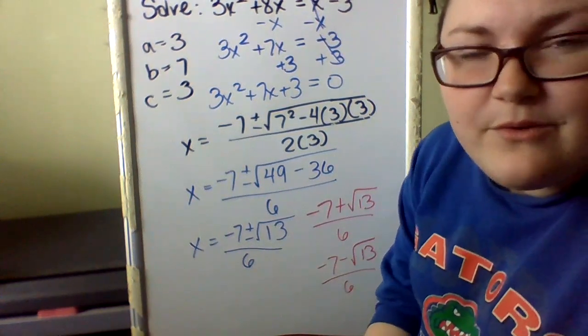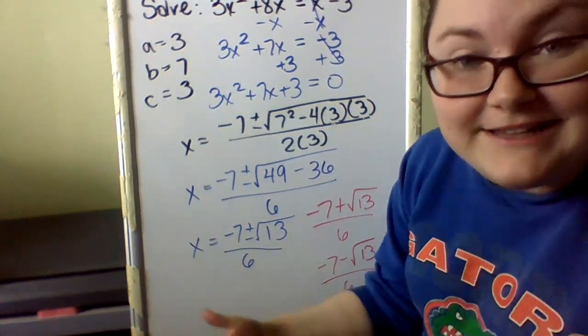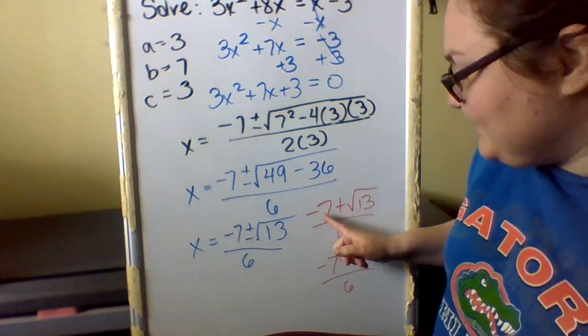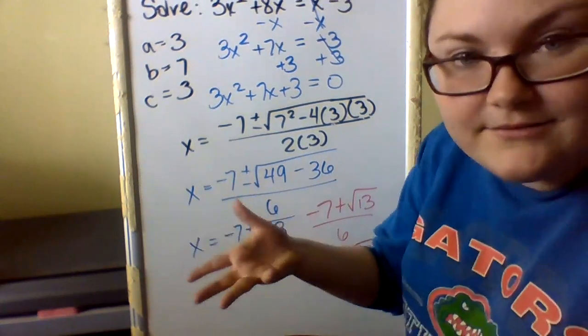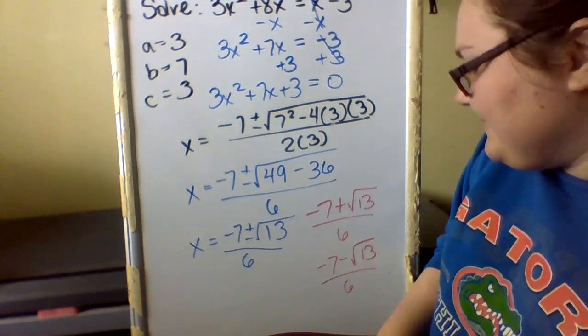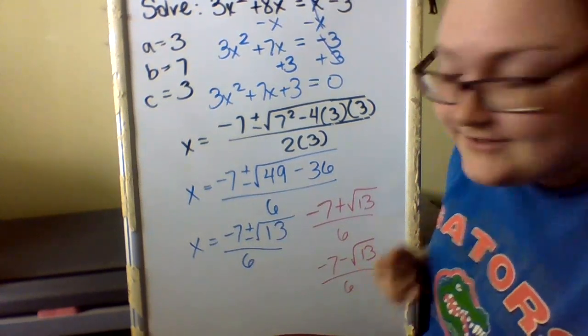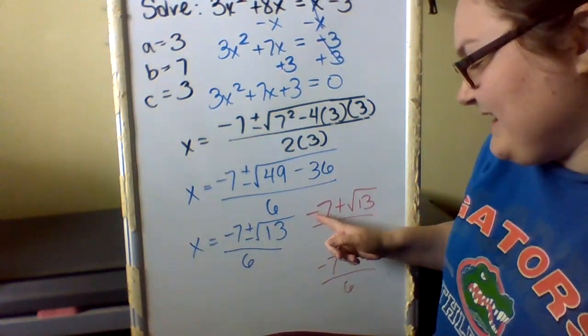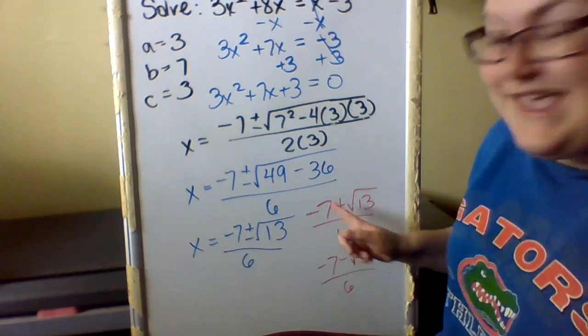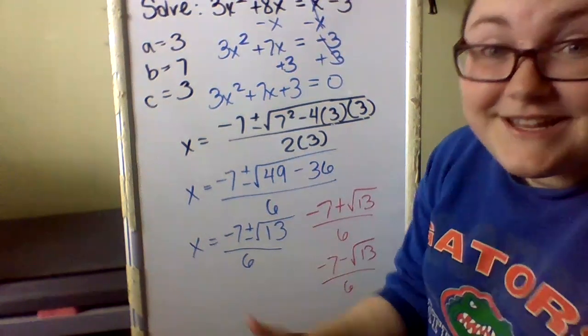It's almost like what we had talked about with combining like terms. You're not going to be able to add a number and a square root together because they're not like. Same down here, you couldn't subtract them either. So this is as far as we can go. We can't add or subtract these. We can't divide by 6. So that's our final answer.